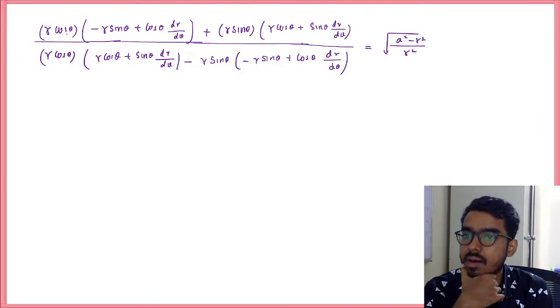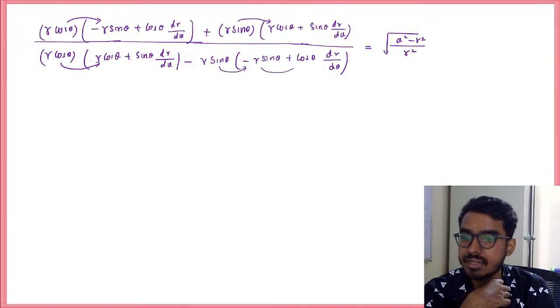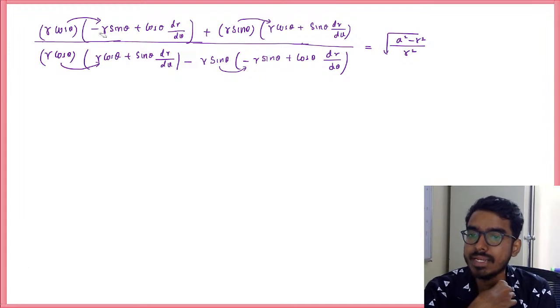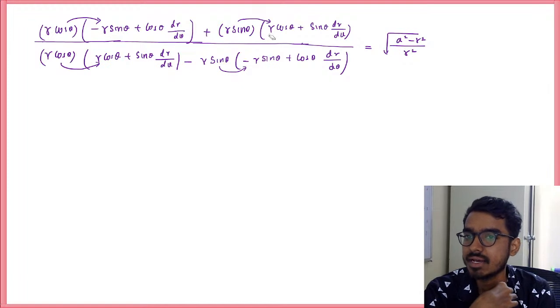Okay. Now we'll simplify this. You can see this is r square. If I multiply this term, these two terms will get cancelled, right? These two terms will get cancelled, right? So minus r square sin theta cos theta plus r square sin theta cos theta.